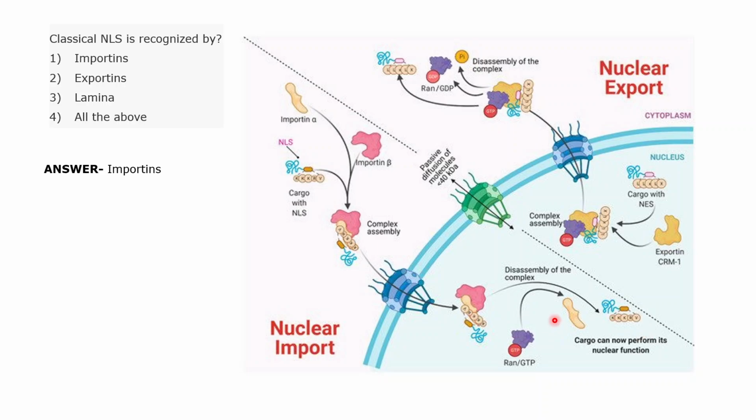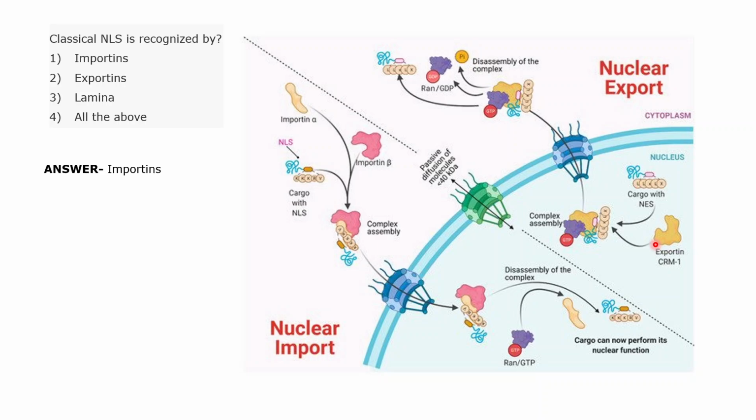You can see that importin alpha is getting released there, importin beta is also getting released there, however the structure is not shown here, leaving behind the cargo inside the nucleus through the nuclear pore complex. And in case of exportin, you can see that it is a different process.